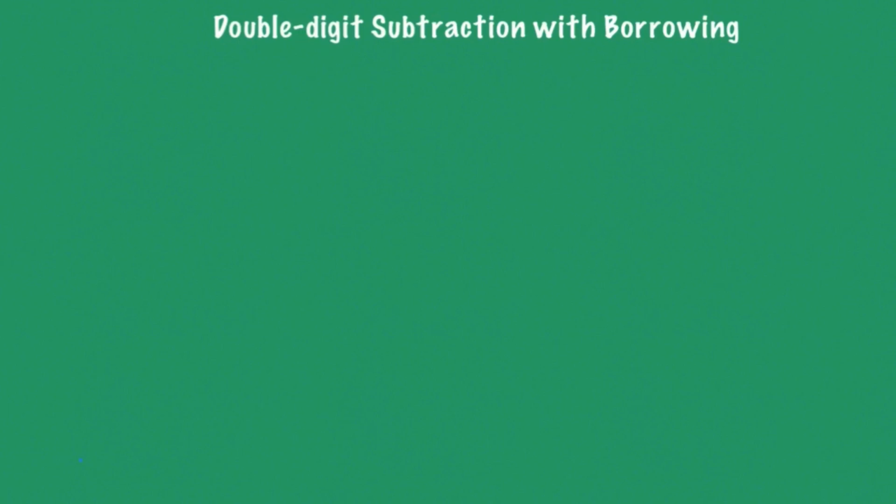So the first question that we have is 64 minus 29. As usual, I'm going to get you to look at the unit side first, and then we go on to the tens side.